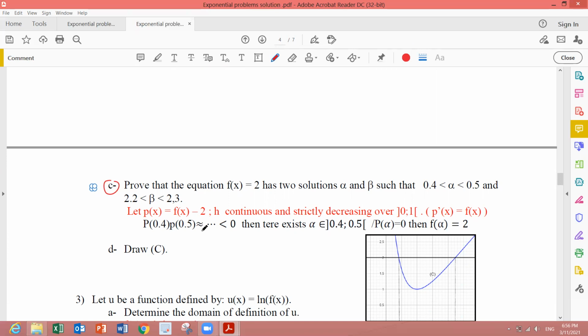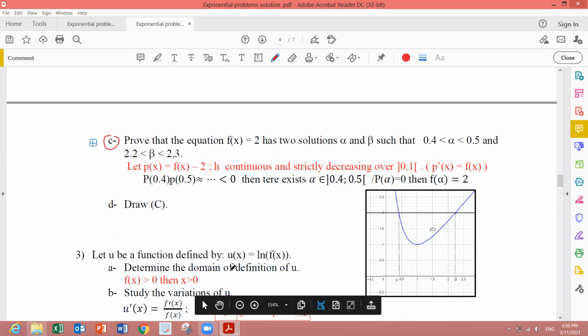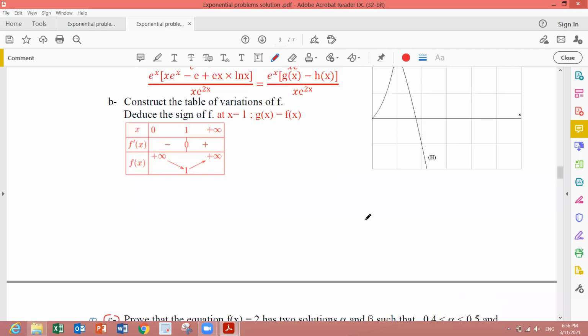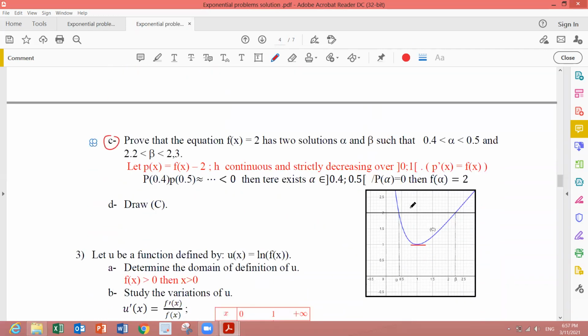Part 3. Draw C. This is the orthonormal system. The minimum is 1, 1. At 0, the limit is plus infinity. We have a vertical asymptote.